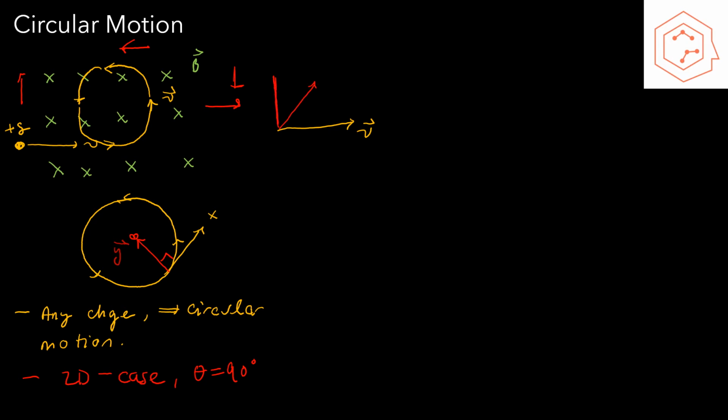If this is the y-axis, this is the z-axis, this is the x-axis, and our force is not completely in one of these axes, then you have to deal with components and you have some helical trajectory. But since we're working in 2D, we have uniform circular motion.